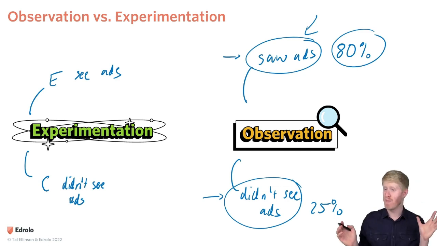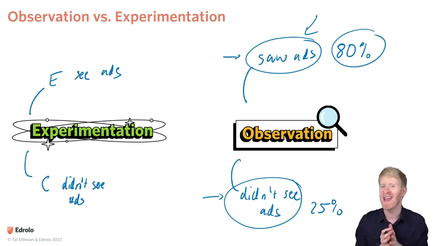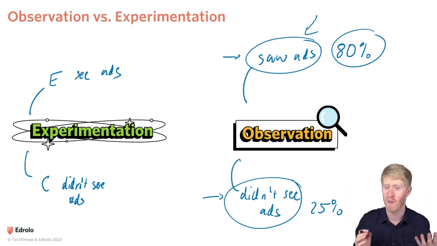Then we randomly sample from the population, and we put in both groups an equal representation of all of the factors that we're trying to control for. So in the experimental group and the control group, there'll be people who see ads who browse online. There'll be people who are concerned about their health and who aren't concerned about their health. There'll be an equal representation of all of those factors in the groups because we've done some random sampling.